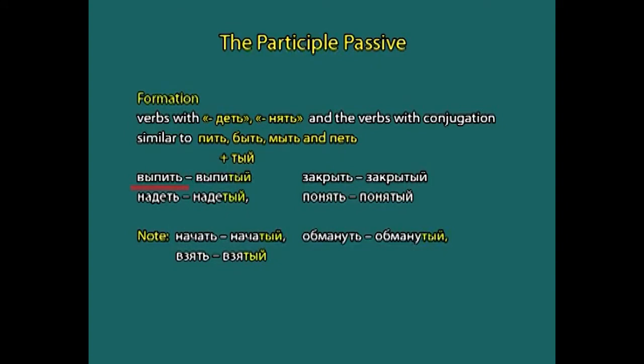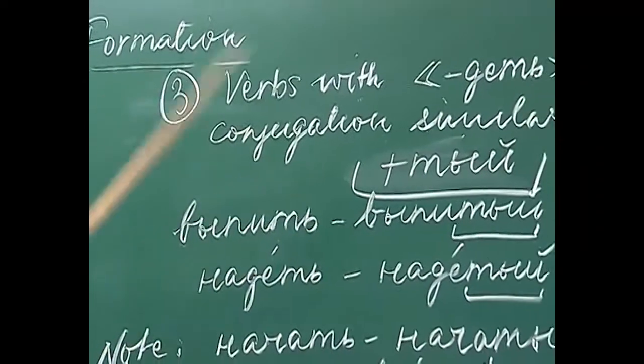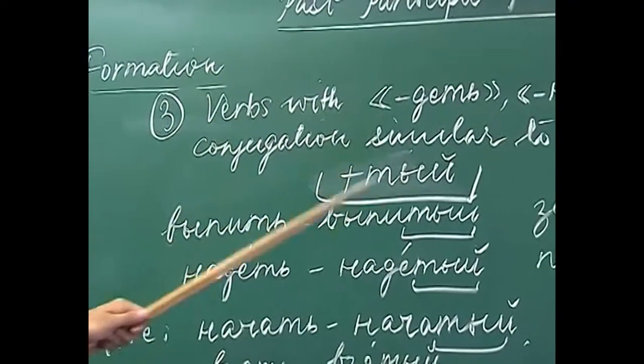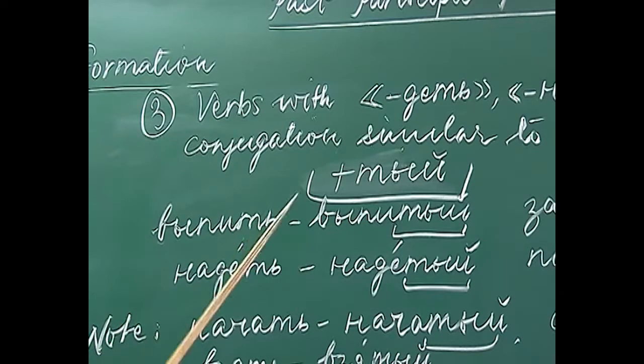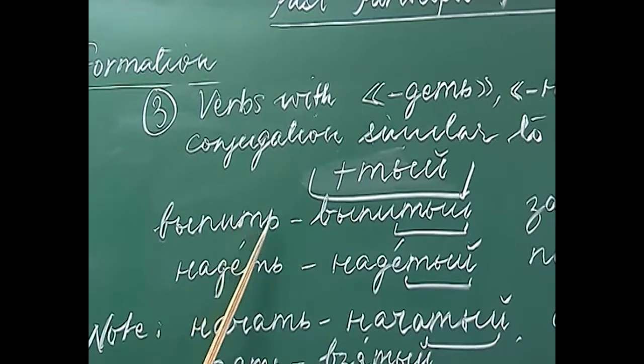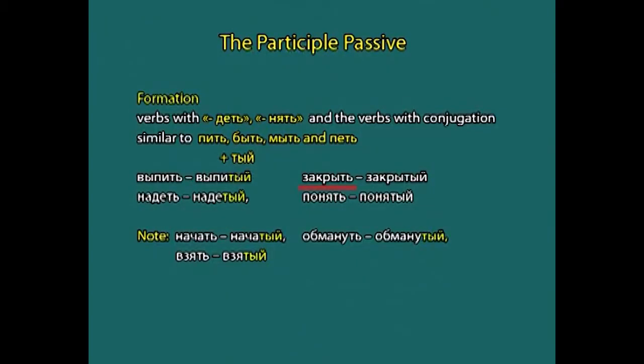For example, vipit. Vipit is to drink. So, how do you form the past participle passive from this verb vipiti? So, what we are doing is we are removing the ending te and soft sign and adding te, I and ikrat ke. The second verb we have is zakrit.